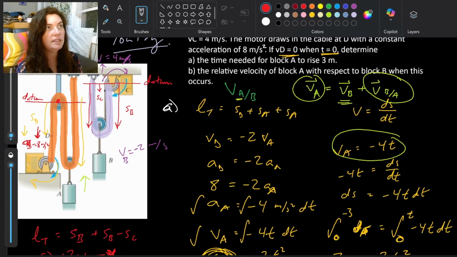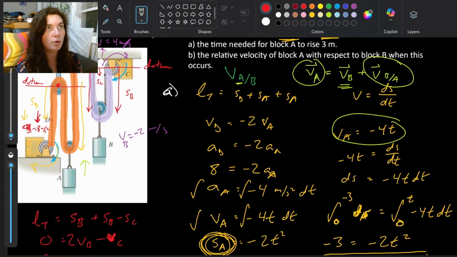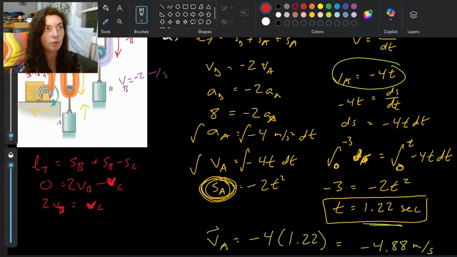Now notice that our VC is going the opposite way. Our VC is going up 4 meters per second, pulling that in, which means that 4 meters per second is actually a negative 4 meters per second. So 2VB equals negative 4 meters per second. VB, oh my gosh, I can't get my mind right. Jeez, I gotta end this video soon.